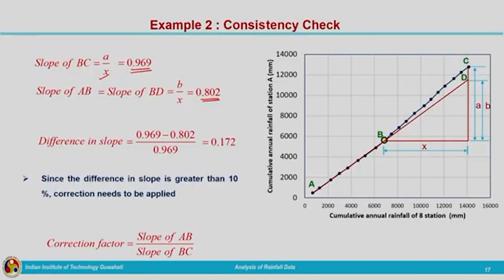The correction factor can be calculated by finding the ratio of these slopes, that is slope of AB divided by slope of BC. We already have the corresponding slopes and the value is calculated to be 0.827.